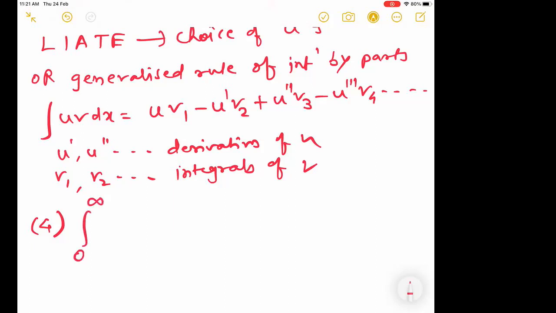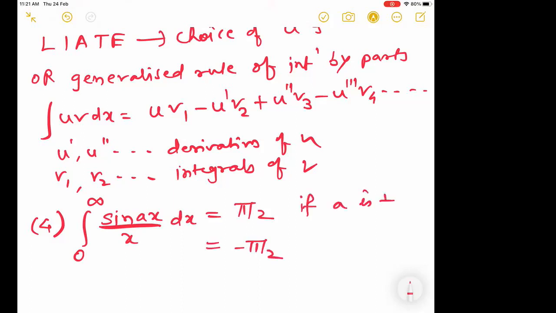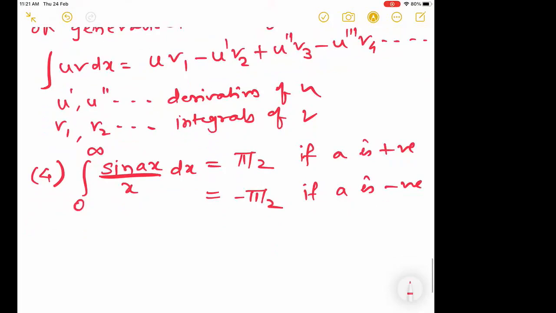The definite integral from 0 to infinity of sin(ax) upon x dx gives you the value pi by 2 if a is positive, and minus pi by 2 if a is negative.